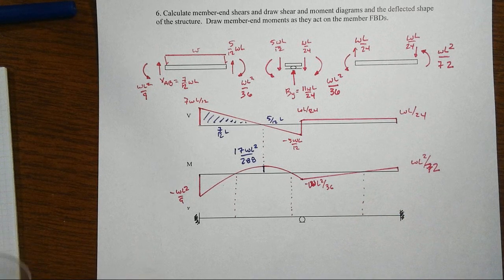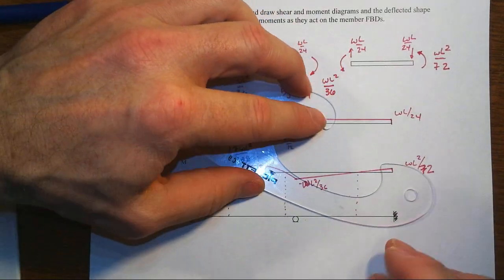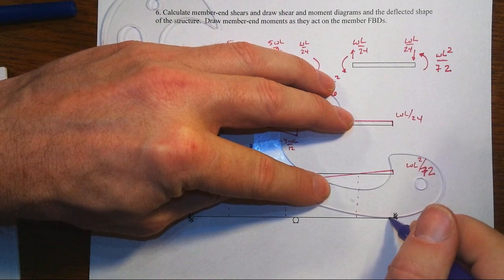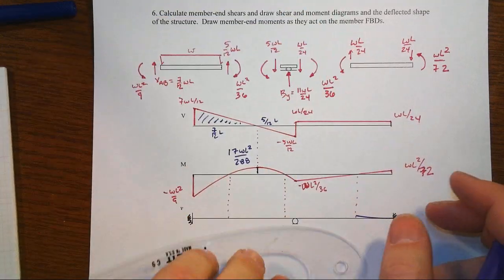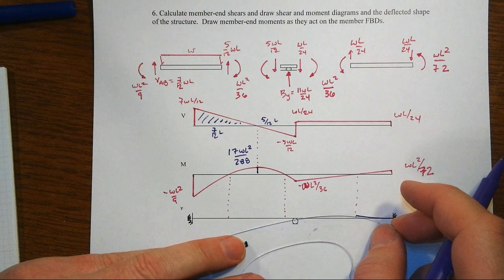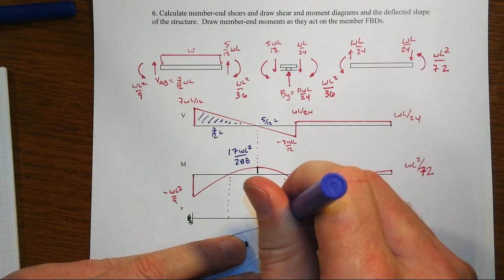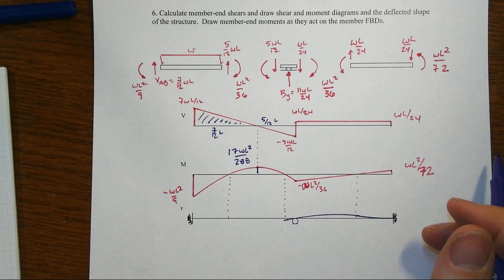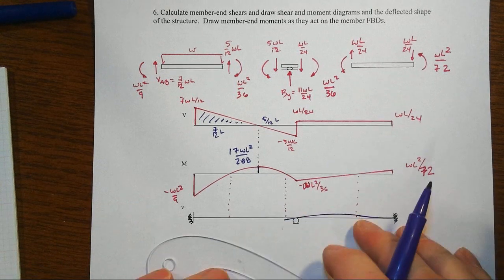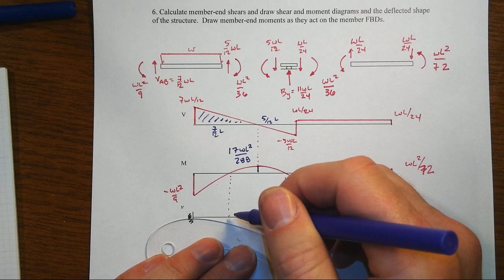We've got a little smiley face for the deflected shape out here at the far right. And then we're going to have a frowny face looking us all the way back to the inflection point, and then we will go ahead and draw this portion in first.